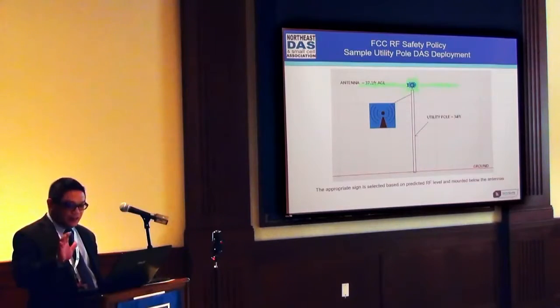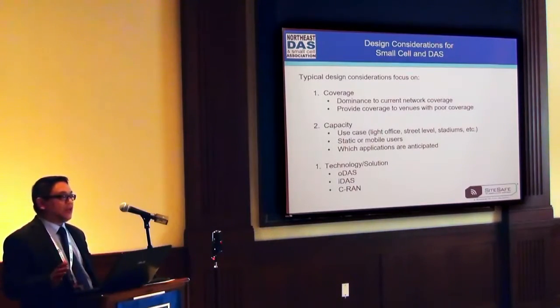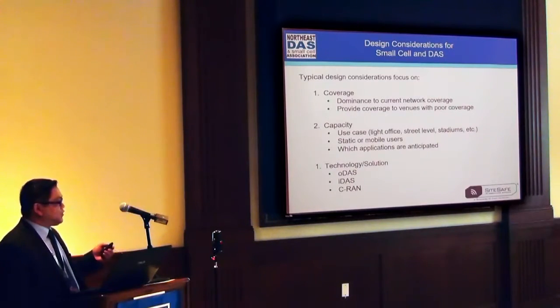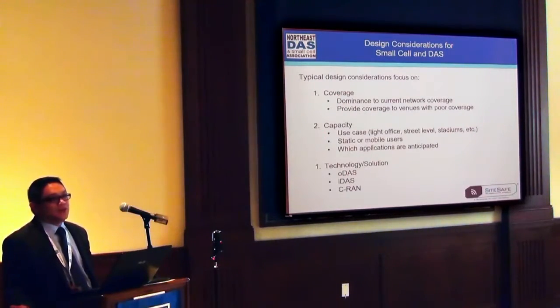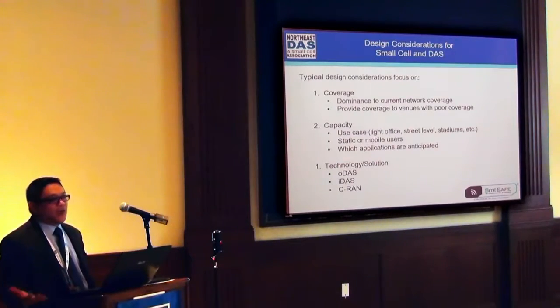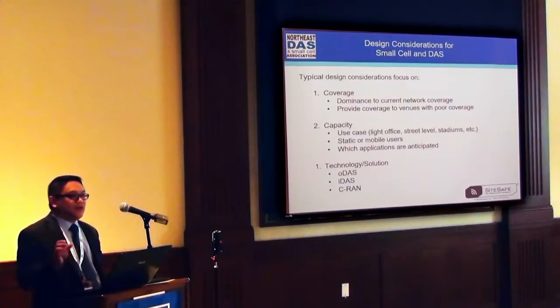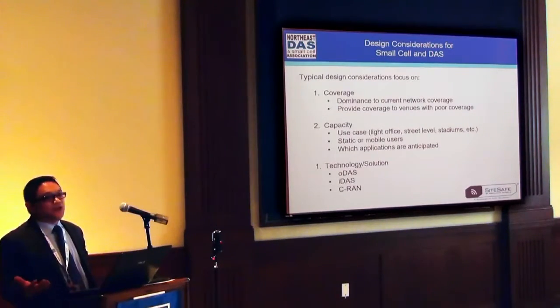Okay, now with that in mind, let's look at DAS and small cell and what considerations are typically made. Most of the time, we look into coverage, capacity, and the technology. Those are the 3 main things that people look at. EME or RF compliance is typically not looked at because the thought process is that it is low power, therefore most probably it's going to comply.